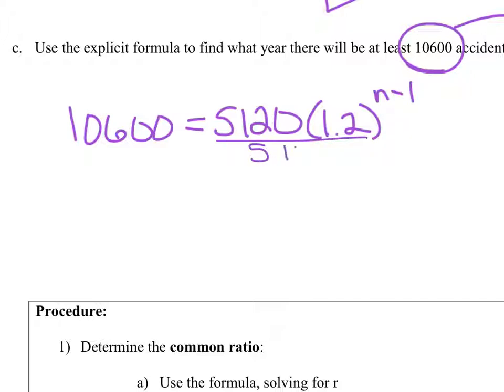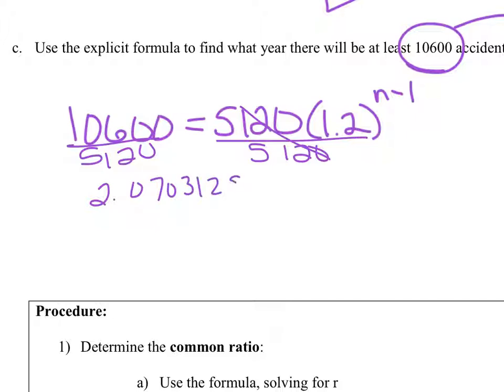Okay, we're solving for an exponent, so that's right, you guessed it. We've got to use logs. So this is some number like 2.070. Okay, and we're going to bring that n minus 1 down and do log of 1.2. So I just took the exponent on this and brought it over in front of the logs.